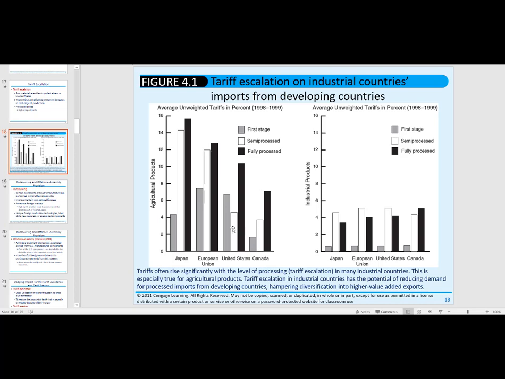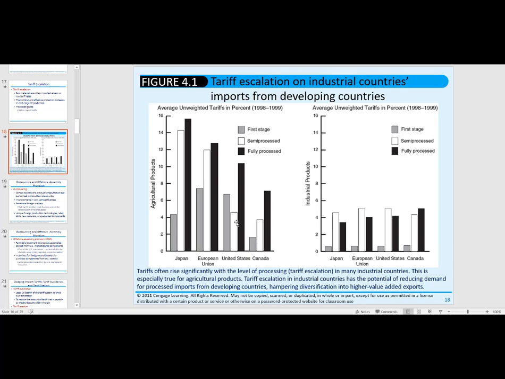Okay? So that's the tariff escalation scenario. For example, the United States is different from the other countries or regions portrayed here because it taxes less on semi-processed agricultural products than first stage agricultural products. But all the others follow the expected tariff escalation.